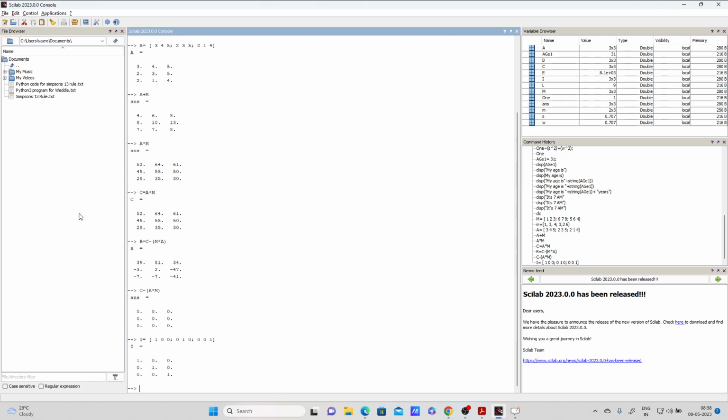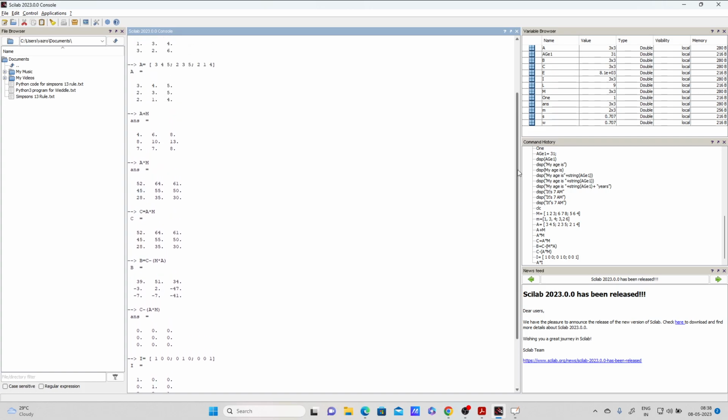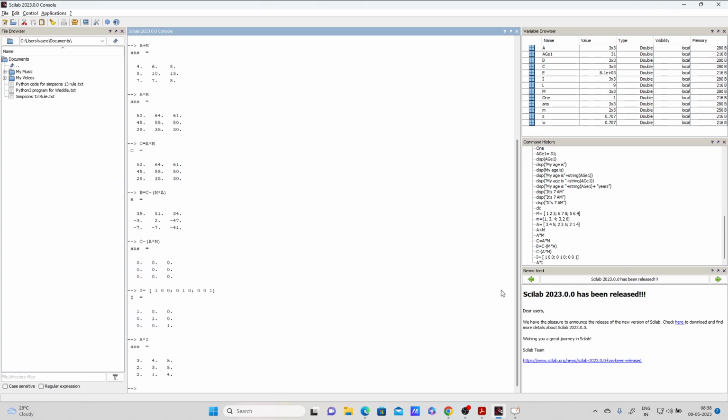Observe that A star I is going to give you the matrix A again. It was the same matrix, no? I don't even remember: 3 4 5, 2 3 5 and 2 1 4. Yeah. Okay, so that's happening.